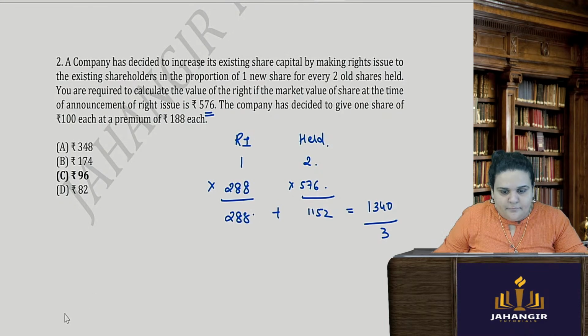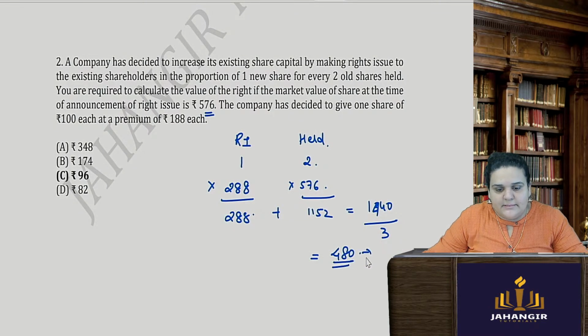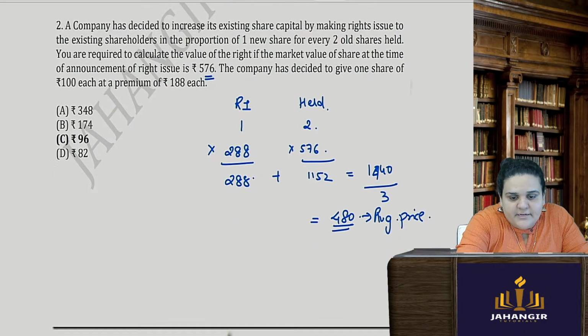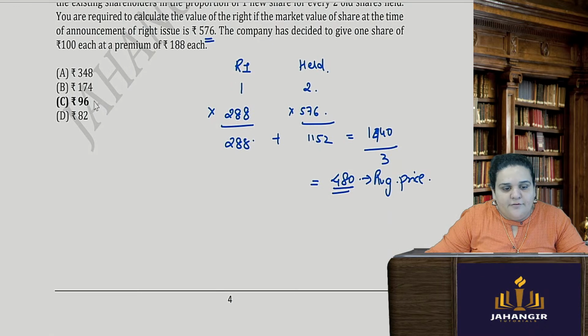So it is going to be 1440 divided by 3, which is 480 rupees. This is the average price. Now the market price is 576, therefore the value of the right will be 96. How did I get it? 576 minus the average price. Clear?